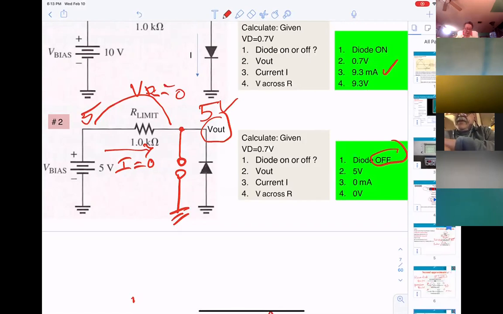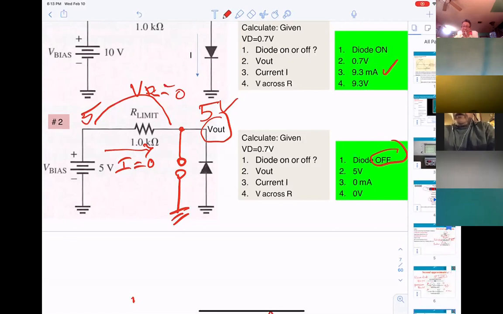Mr. Pan, go ahead. First, how did you know V out is something great like 5 volts? Maybe it was minus 5 volts.